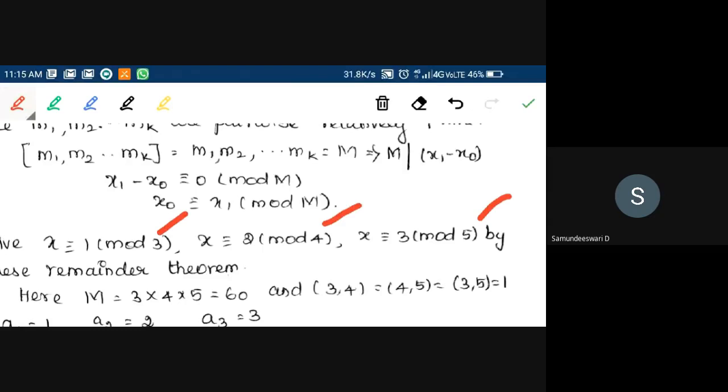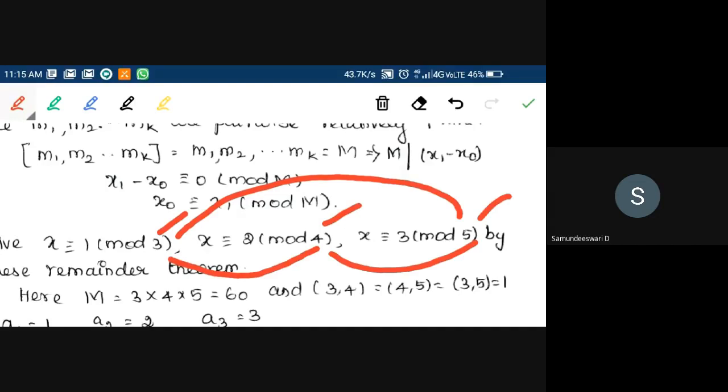So the GCD of 3 comma 4 first, then the GCD of 4 comma 5, then the GCD of 5 comma 3. GCD of 3 comma 4 is 1, GCD of 4 comma 5 is 1, and GCD of 3 comma 5 is also 1.